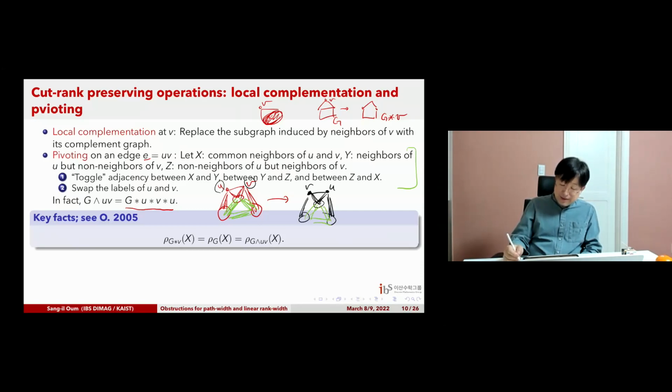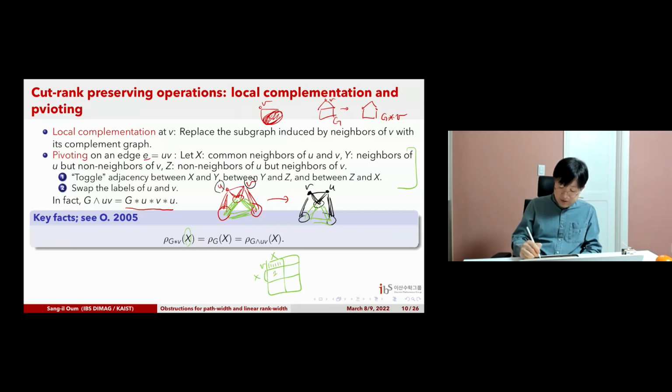And one of the key observations is that these operations never change the cut rank function. Well, it's not difficult to see. If you have a set X, and let's say I have a row for V here, and then these are the vertices in X. Then neighbors of V will have 1 here.